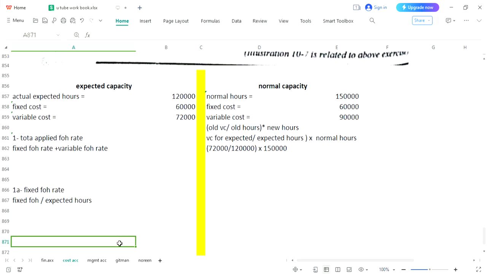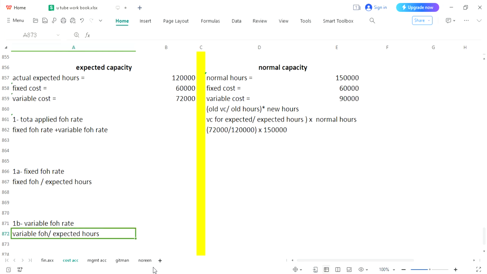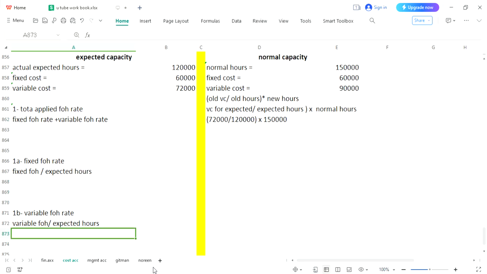Then 1B we will be calculating, and that is variable FH rate. How? We will take variable FH, and that would be divided by expected hours. So these two rates will be calculated, and then we will add. So the very first thing is to calculate your variable FH rate.